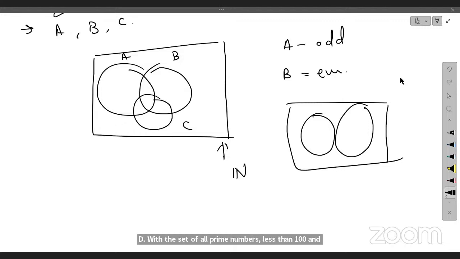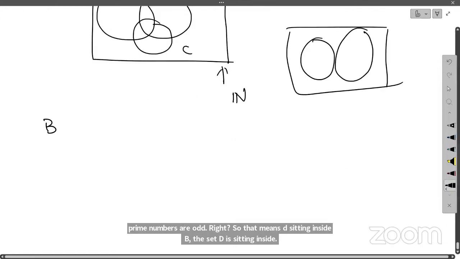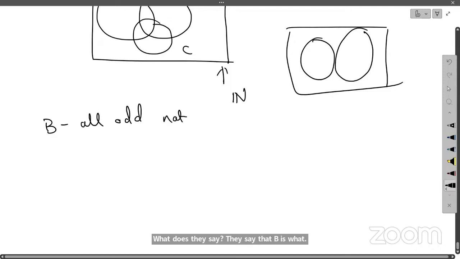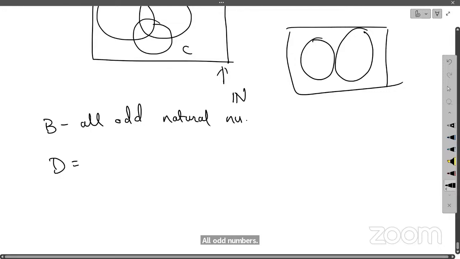We know that all prime numbers are odd, right? So that means D is sitting inside B. Actually, it will intersect, I hope so. D is all prime numbers, right?